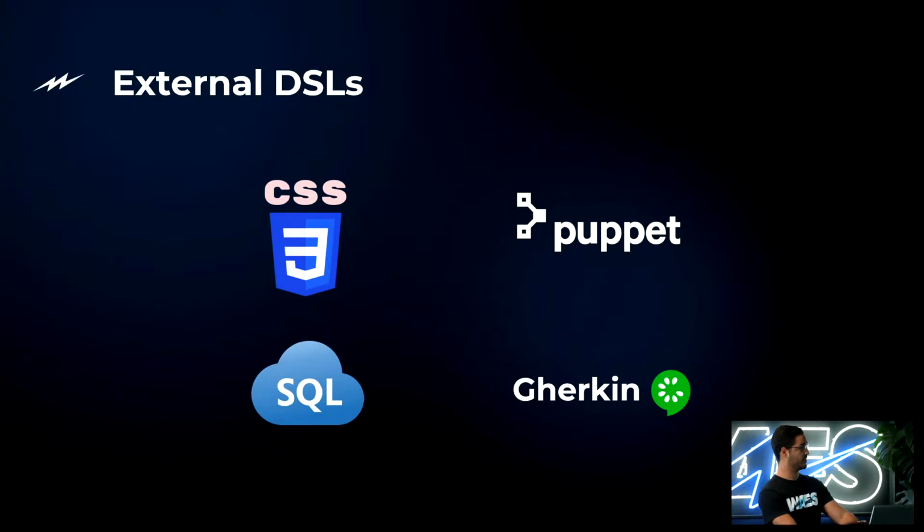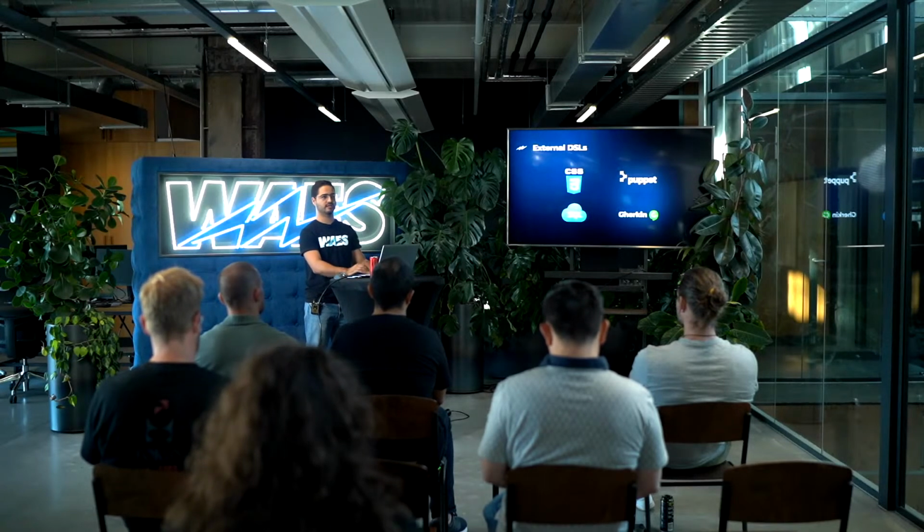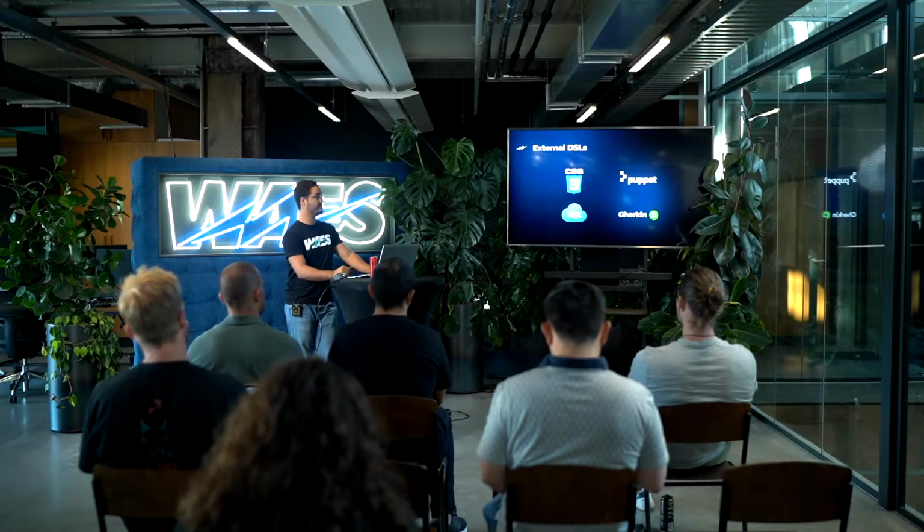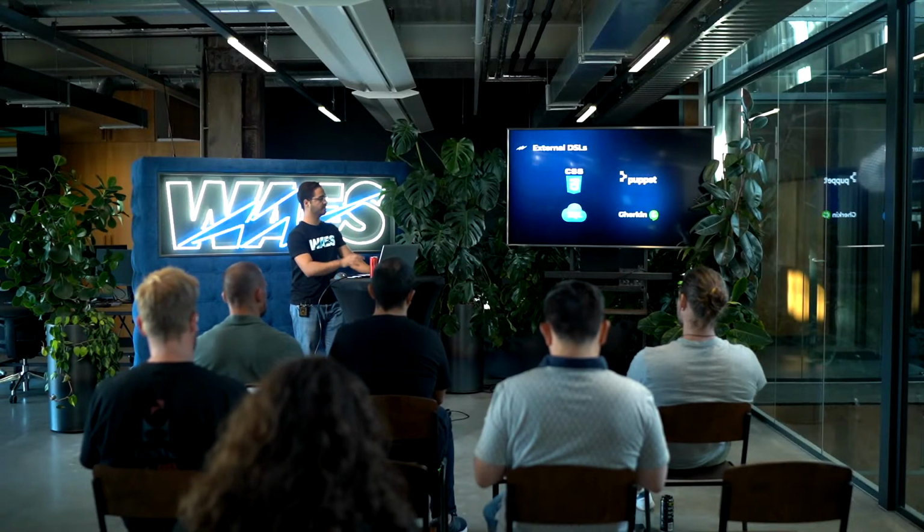For external DSLs, I have CSS3 and SQL, the language, not the technology, because in SQL you have the queries. If you want to query data in a database, you just tell the system that you want the data: select everything from. You don't need to build all the unnecessary things to get the data. And Puppet as well, we have declarative programming inside the technology, not the entire one.